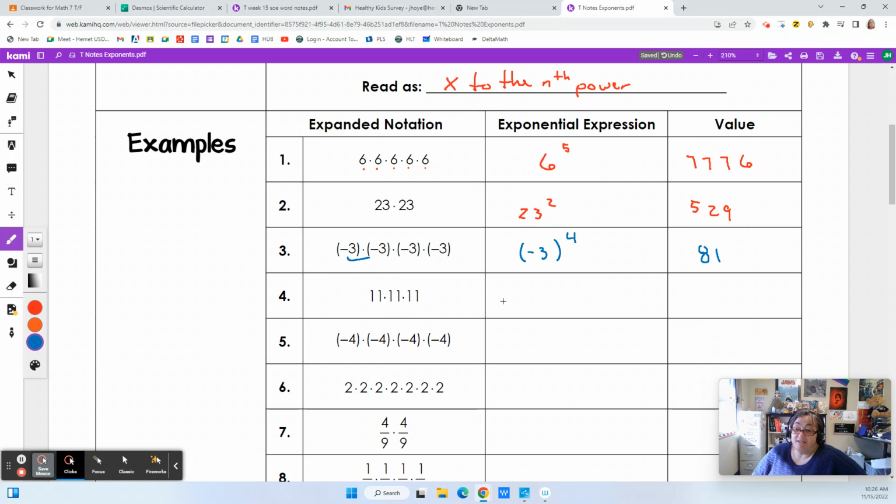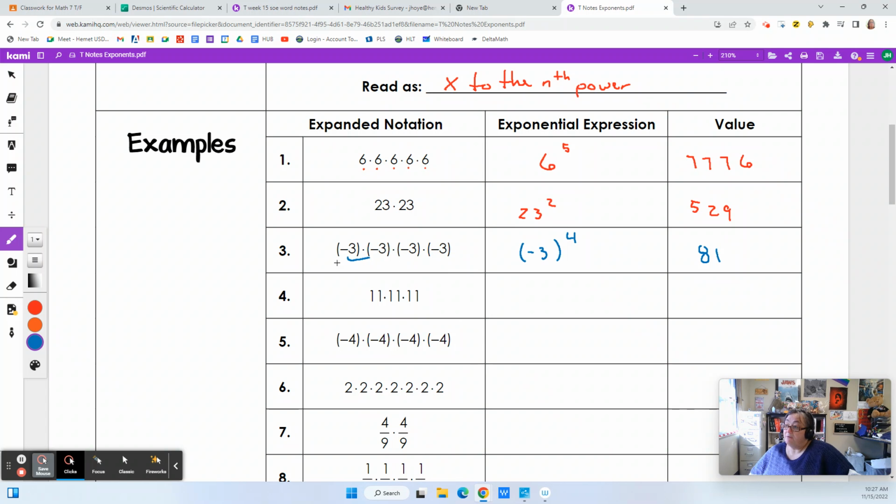What's a negative times a negative? What is -3 times -3?